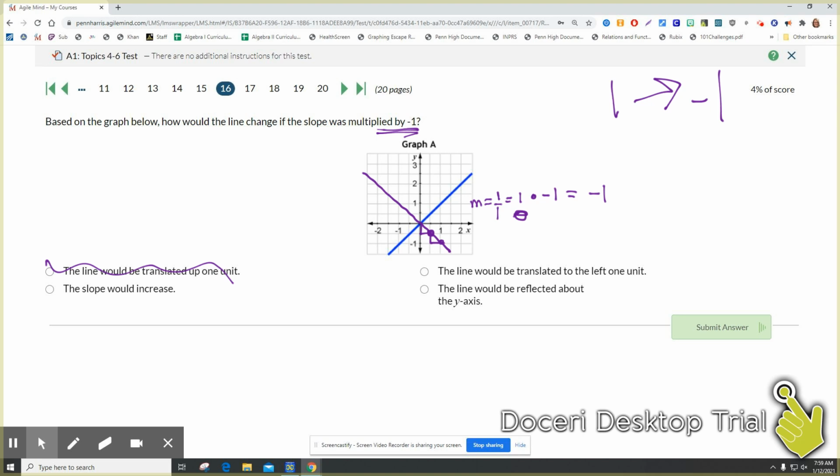That's going down, a decrease. The line would translate to the left 1 unit? Well, no, it stays exactly where it's at. If you look at that main point right at the center, it doesn't move left or right at all. And the last one is the line would be reflected about the y-axis. Yes, reflect means simply flip it. And that's what happened. It flipped over the y-axis.